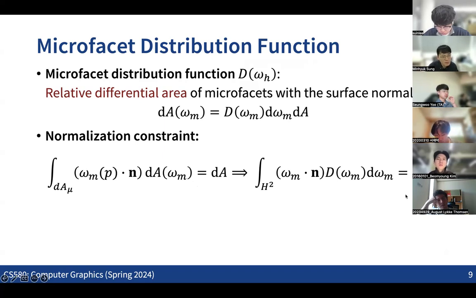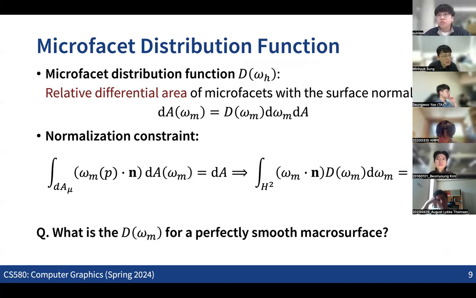From this, one thing I can ask is what would be the microfacet distribution function for a perfectly smooth macro surface. We know that the macro surface has the surface normal n vector here, it does not have any bumpy features, but it is a perfectly specular surface. What should the microfacet distribution function be in this case?